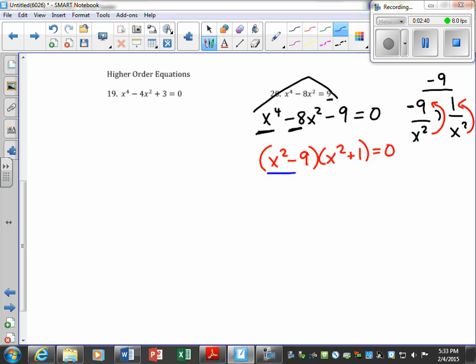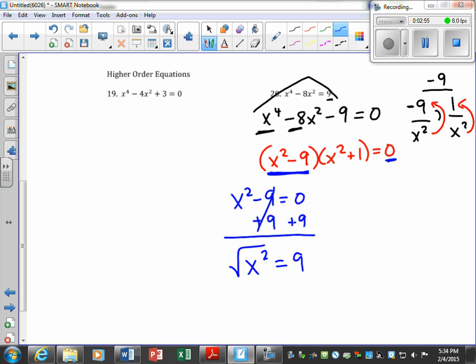Then we break these factors apart and set them equal to 0, so I would have x squared minus 9 equals 0. x squared is equal to 9, and then we take the square root of both sides, so we would get x is equal to plus or minus 3. So 3 and negative 3.